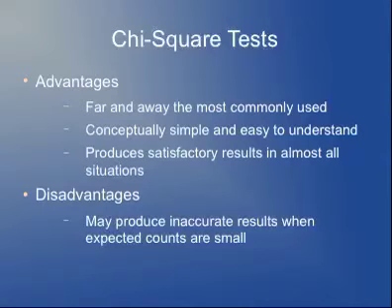The biggest disadvantage, as I said, is that in principle you can get into trouble if your expected cell counts are small. In my experience, you usually don't get into that much trouble, but it is a possible issue. And even if your numbers are fine, you could get reviewers yelling at you about this.